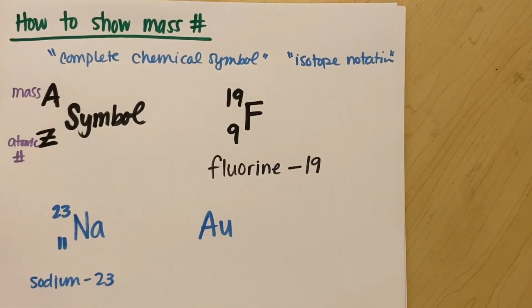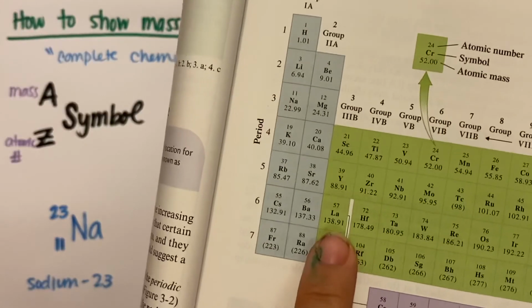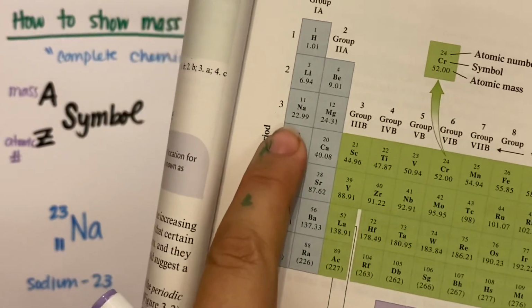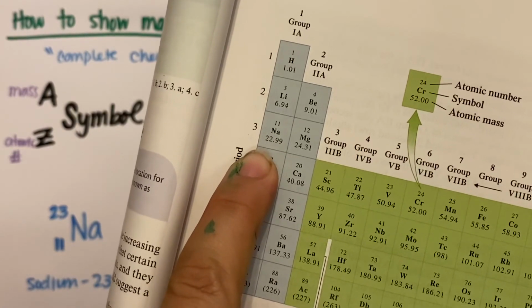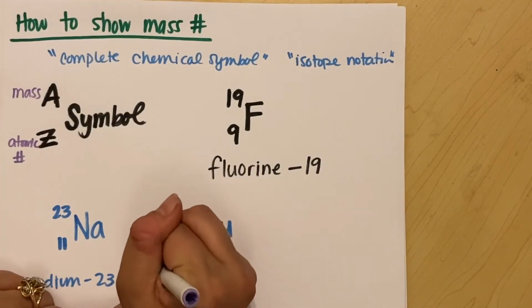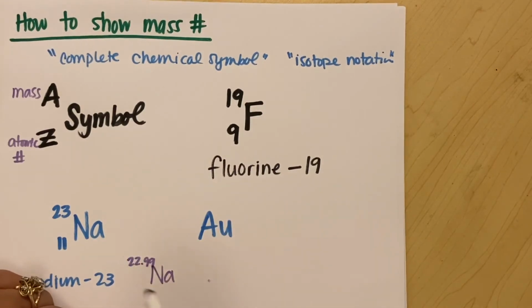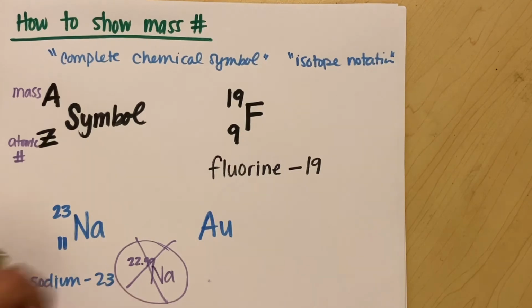You would never see something like, if I look at my periodic table here, sodium has an average atomic mass of 22.99. So what I would never see is sodium with a 22.99. This is a big no, no, no. Please don't do this, okay?